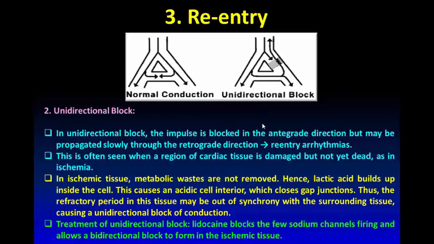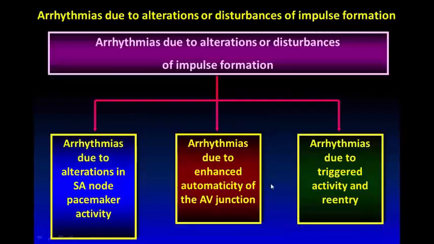How do we treat unidirectional block in order to prevent the development of reentrant arrhythmias? We give the patients a drug known as lidocaine or lignocaine, and this drug blocks diffuse sodium channels firing and hence allows a bidirectional block to develop in the ischemic tissues.